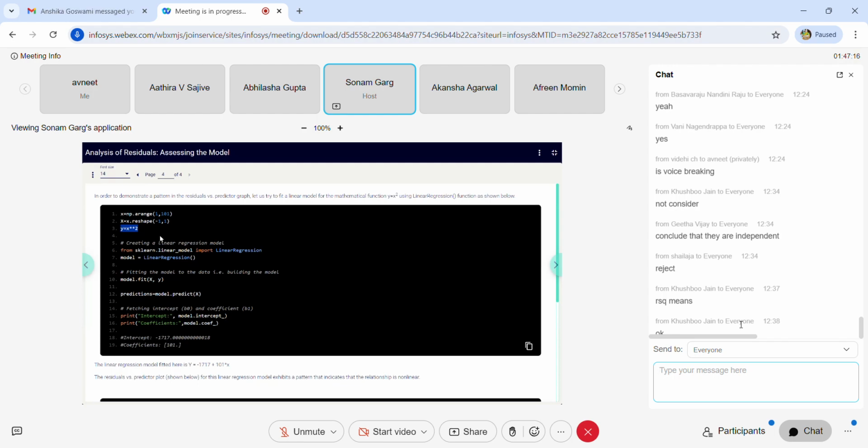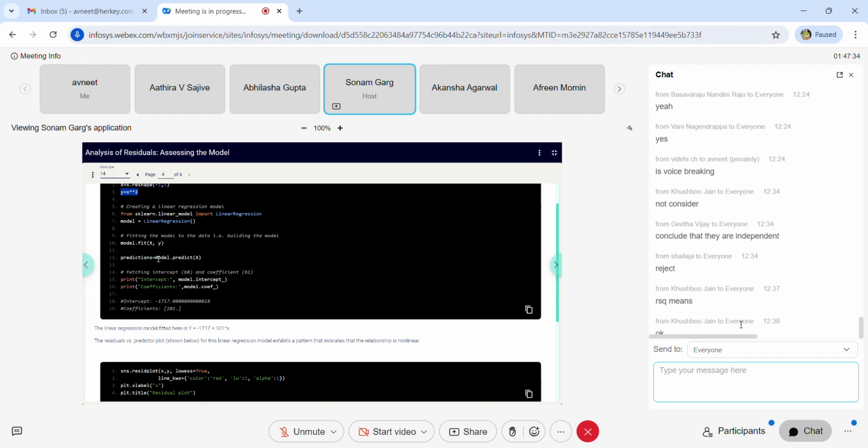This is not a linear equation. This is a quadratic equation. So now let's try to fit this x and y data on a linear regression model. Import linear regression, create an instance of it, fit your data. Don't go quadratic, but still let's try to fit it. Now make your predictions on the actual values. We are not doing train test split and all, just to keep it simplified.